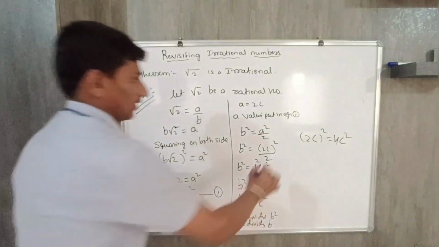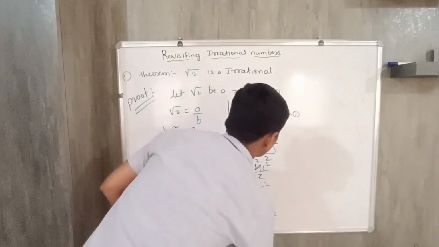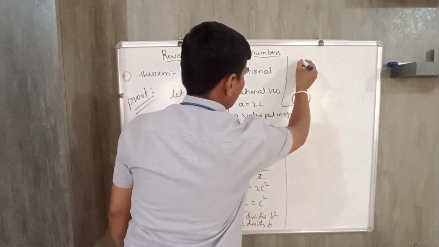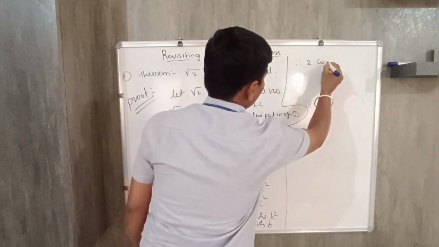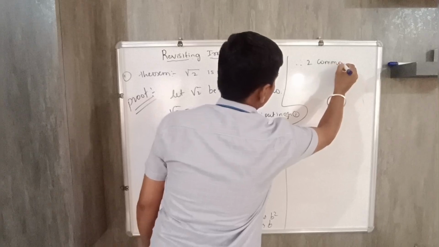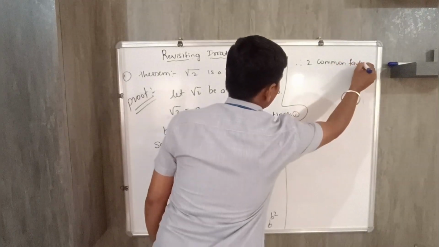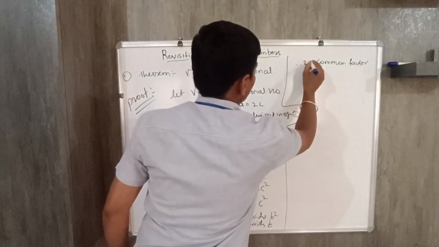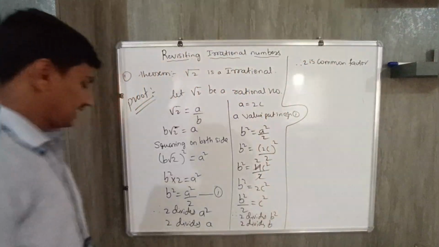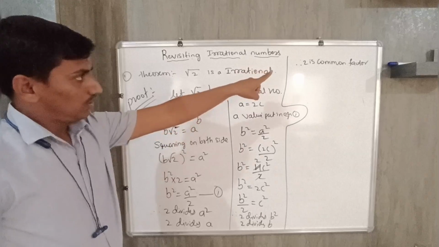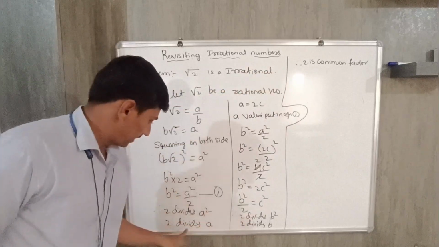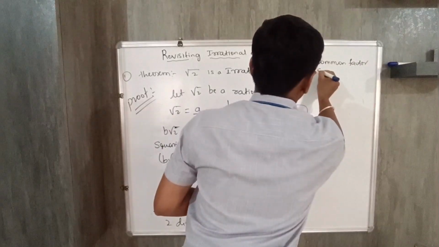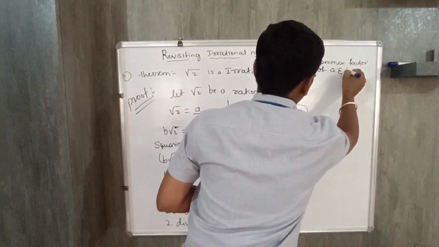Okay, so 2 is what? 2 is common factor. So therefore 2 is common factor, right? 2 is common factor of a and b, common factor of a and b.